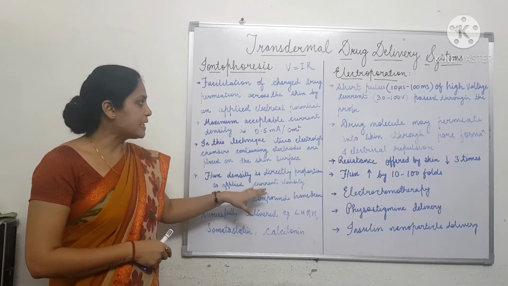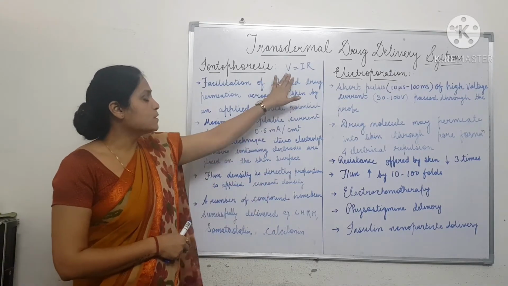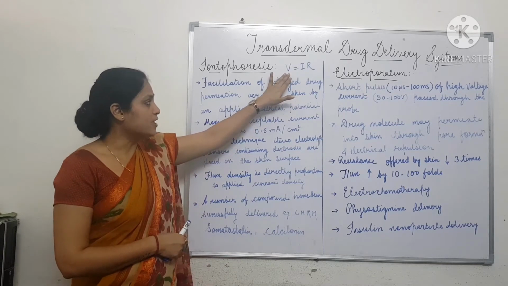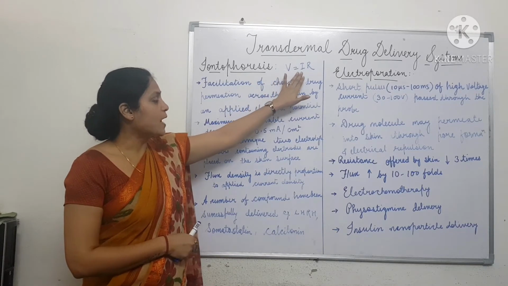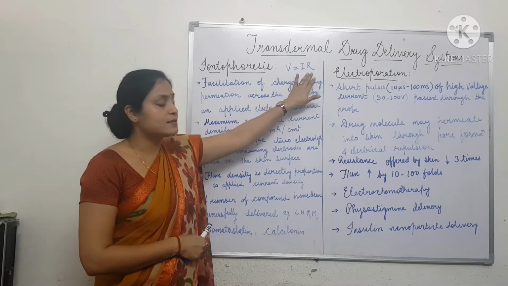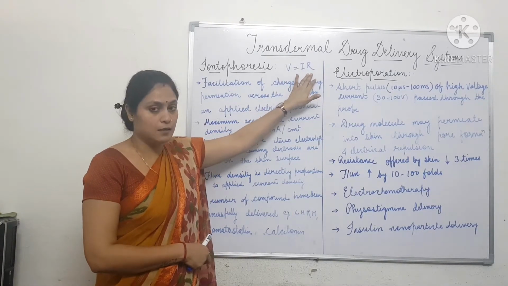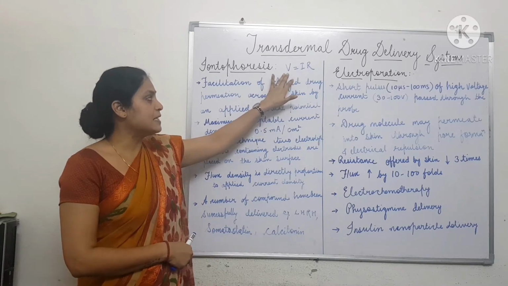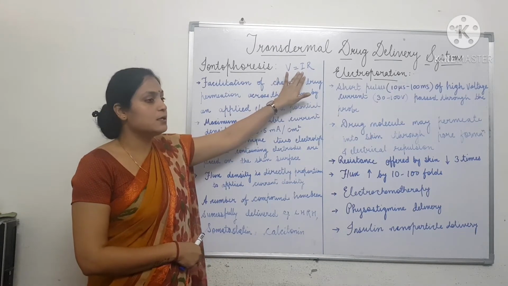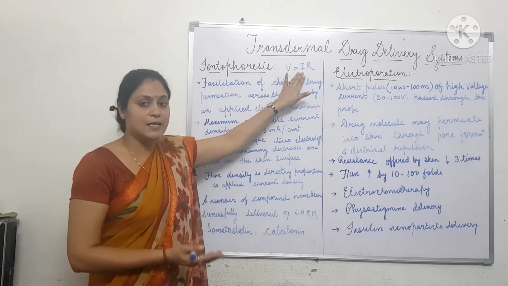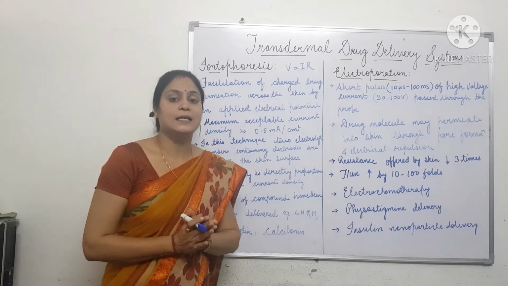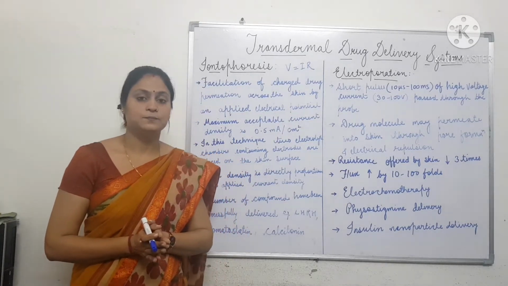In this technique, according to Ohm's law, V is equal to IR, where V is the electrical potential, I is the current, and R is the resistance offered by the skin. At constant potential, it is seen that as the electric current is increased, the resistance offered by the skin is decreased.